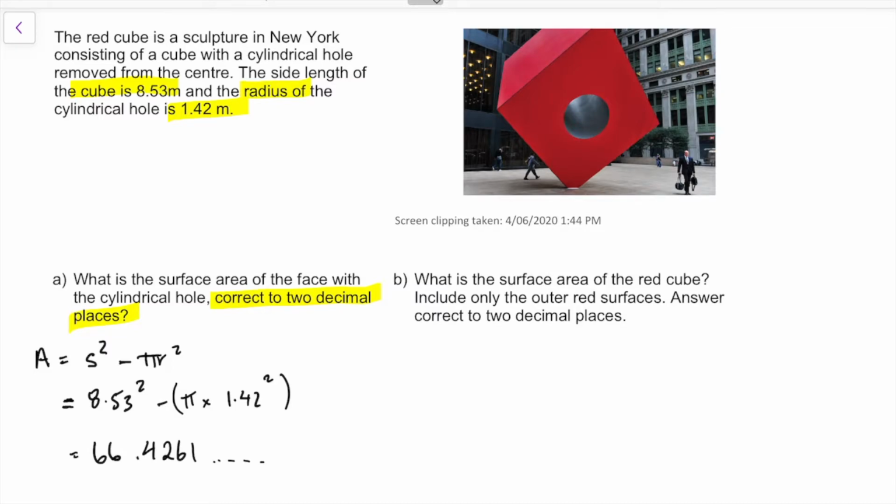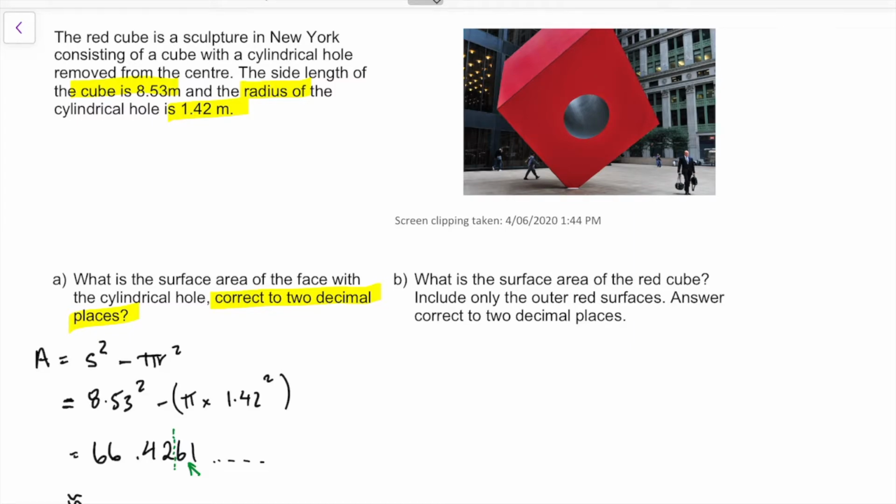Now we're rounding to 2 decimal places. So I find that second decimal place just like that. Look at the third decimal place number. This one falls in the 5 or above category, so our 2 in the second decimal place will need to become a 3. And as we have done in previous videos, this is now an approximation.